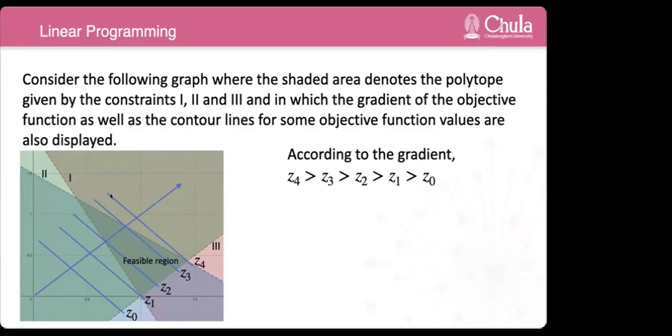However, these points are not feasible, right? Only one point here is inside the feasible region. And why is this point not the solution? Because here has a smaller objective function compared to here.